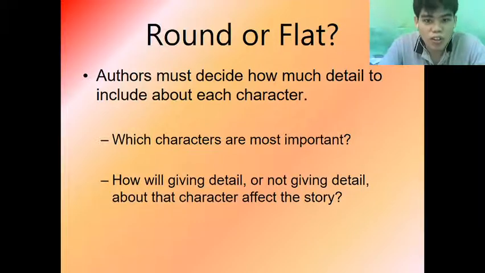The authors of stories, or you as authors, must decide how much detail we are going to include on each character. How are we going to characterize that certain character? Are we going to give many details, up to the smallest point, like how many strands of hair, or are we going to give only a very vague description of that character?